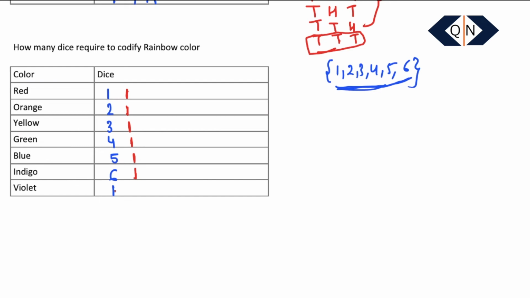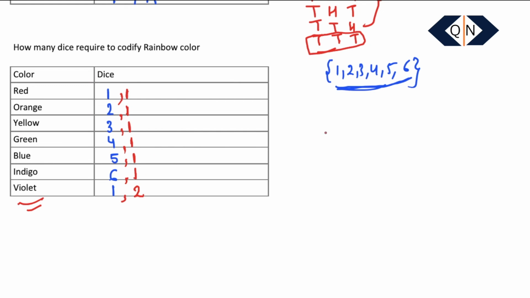But now the case, if we write 1, then again it will be repeated. So if first dice gets 1 and second dice gets 2, then we will say it as violet. Okay, now you can see that we have a lot of redundancy, means we have not used many of the things, right?